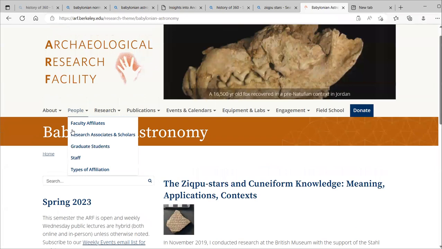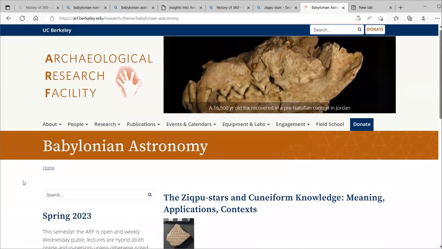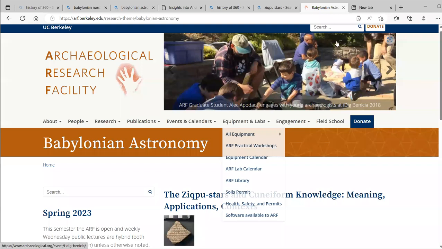Okay, here's a good one. This is Babylonian astronomy, and it comes from Berkeley. Let's see what this says.